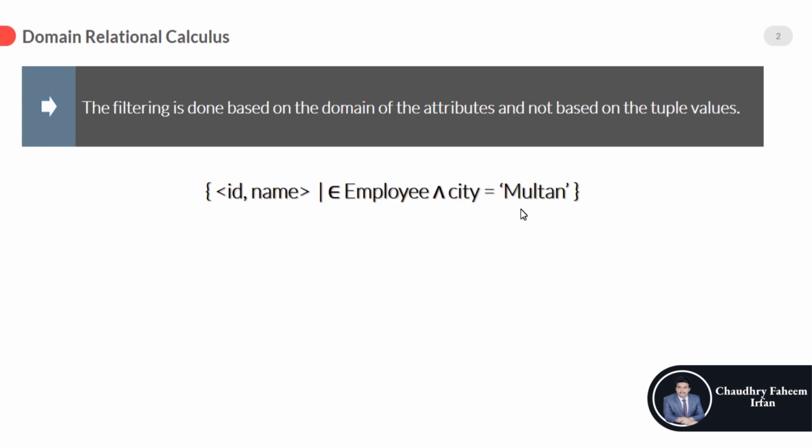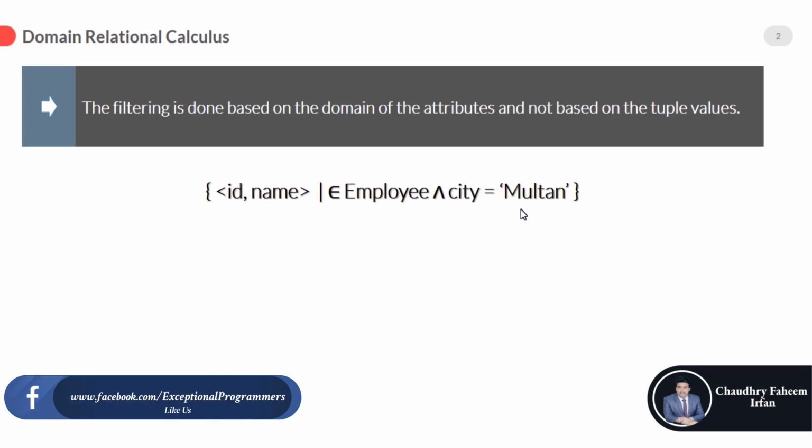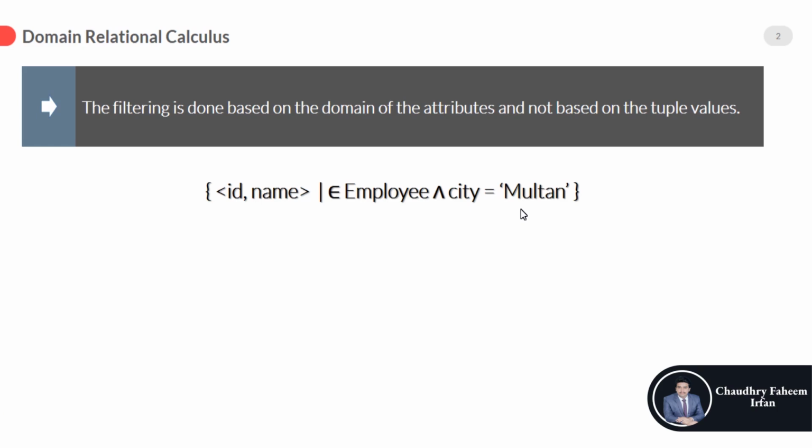equal to Multan. Domain relational calculus uses the same operators as tuple calculus. It uses logical connectives like and, or, and not. It uses existential and universal quantifiers to bind the variables.